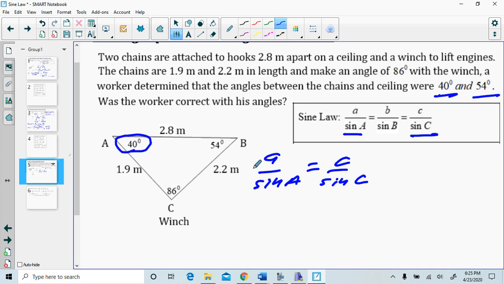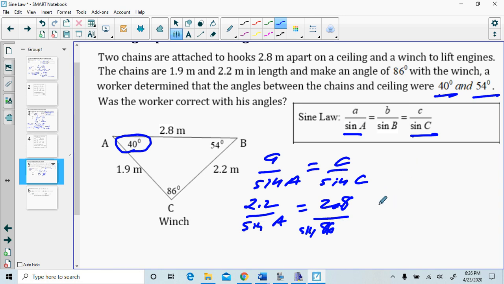Sub our numbers in. a is 2.2. We're looking for sine A, so leave it as is. c is 2.8 over sine C, which is sine of 86.